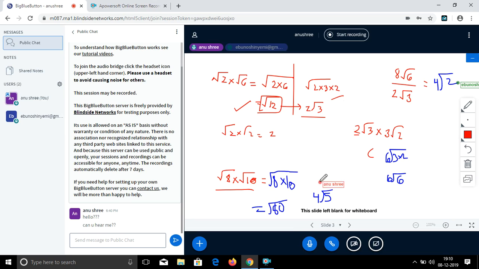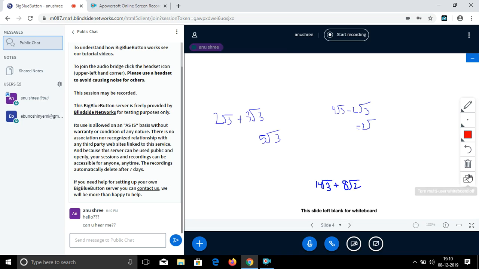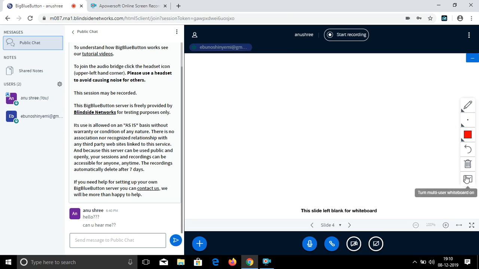Okay, now multiplying the brackets. So it's just like how you used to multiply the brackets. So it's root 11, and inside the bracket it's 2 minus root 3.